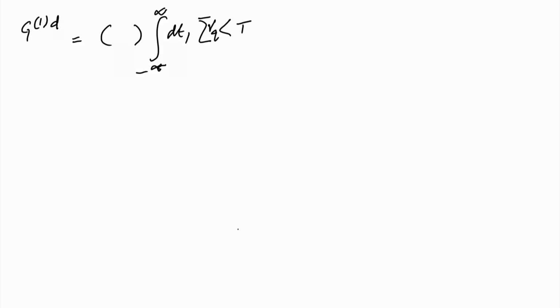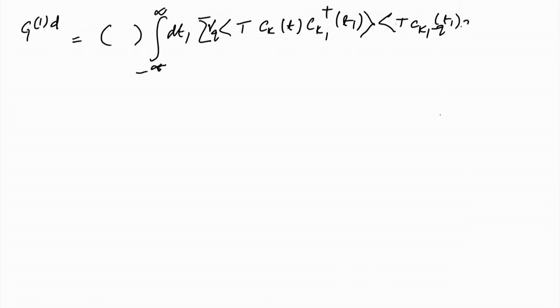So, there is a V q and then there is a t c k t and a c k 1 dagger t 1. So, t c k 1 minus q t 1 c k 2 dagger t 1 and t c k 2 plus q t 1 and c k t prime.